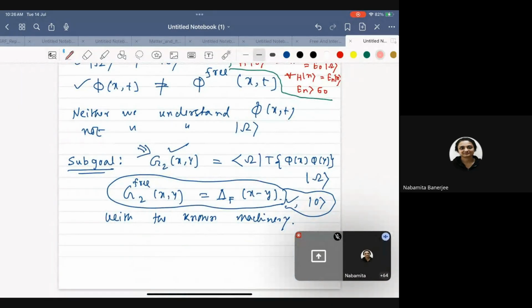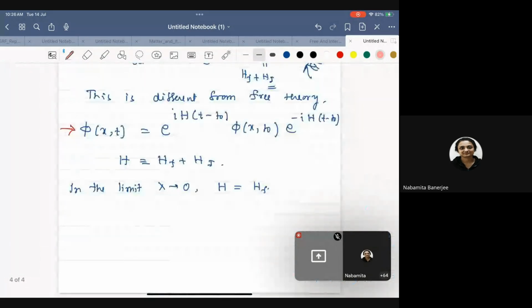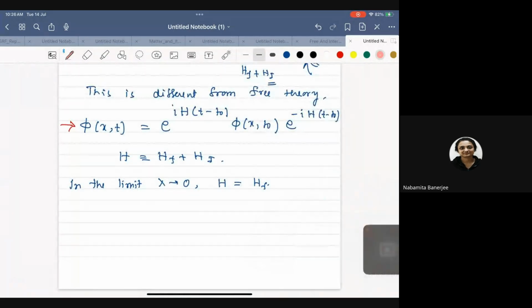So let's go ahead. Now again, recall that in your theory, which is not KG but KG plus phi 4, if I take lambda goes to 0, my Hamiltonian, the energy operator, would simply be H free, because H_I is proportional to lambda and that piece would be 0.